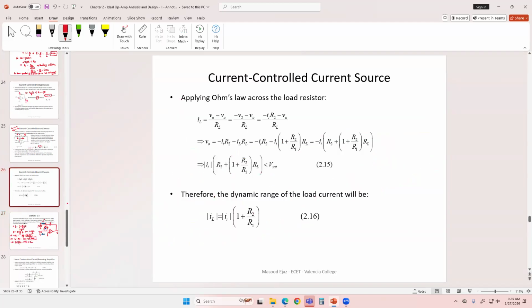Remember, this thing is beta right here. This is beta, 1 plus R2 over R1.